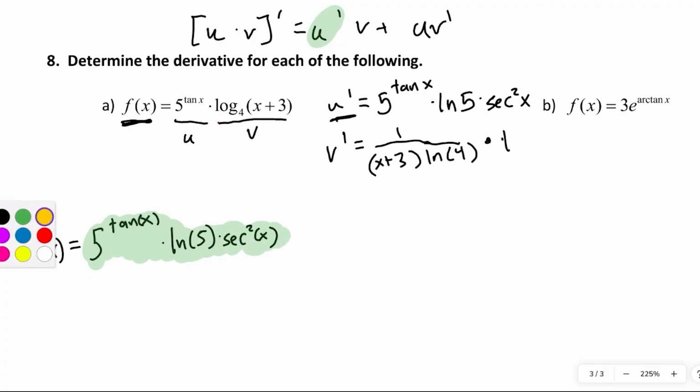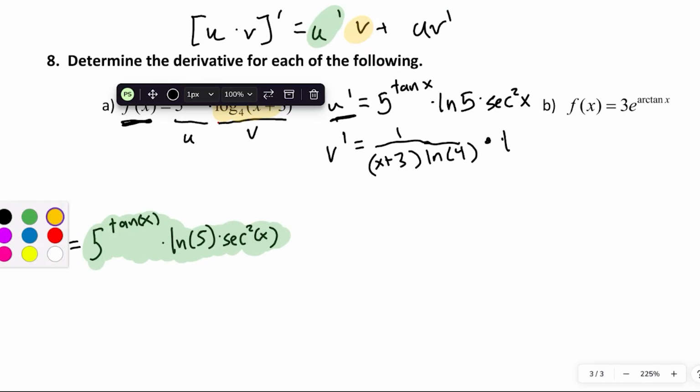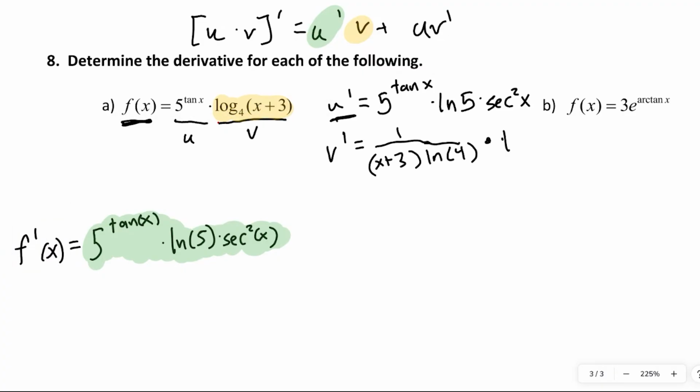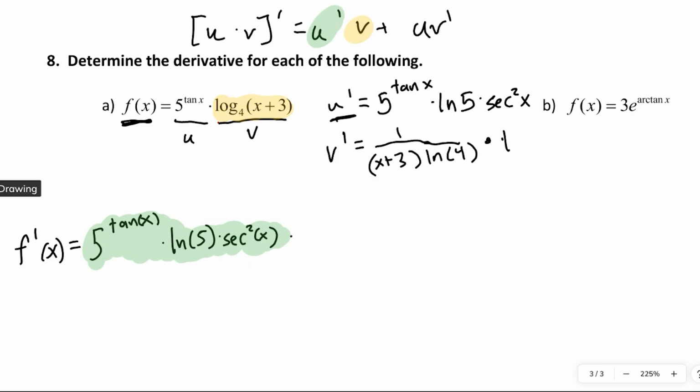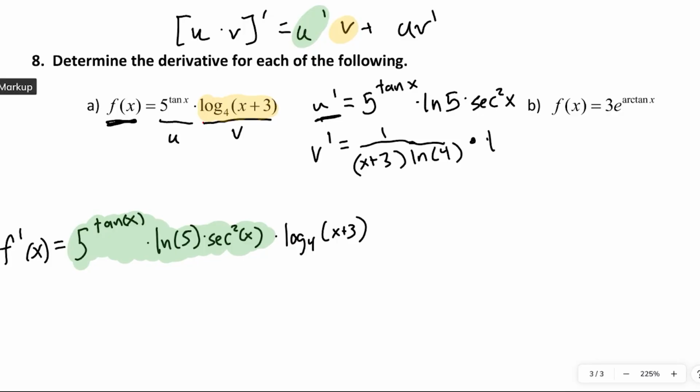Okay, next we're going to do v, which is right here. So times log base 4 of x plus 3. Okay, so yeah, there's the v.